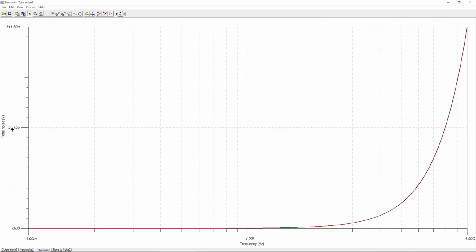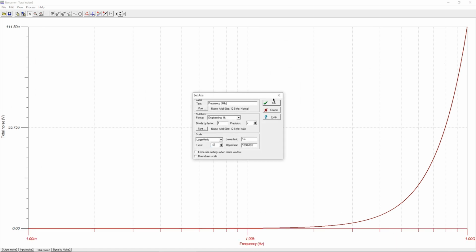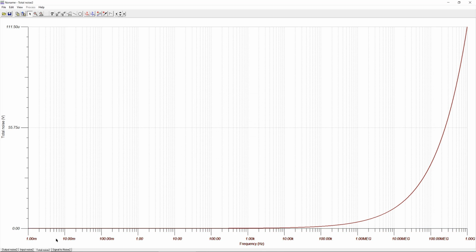Now, if I look at the total noise, you can see it is increasing. So if I make this again 13 steps, I have the frequency here in the horizontal axis. This is then the total noise, RMS of course. And if I now look at some specific value, let's say 1 mega or 100 kilo, it doesn't matter, we will see 1.11 microvolts, which is of course an RMS, and it's actually very close to what we have calculated.